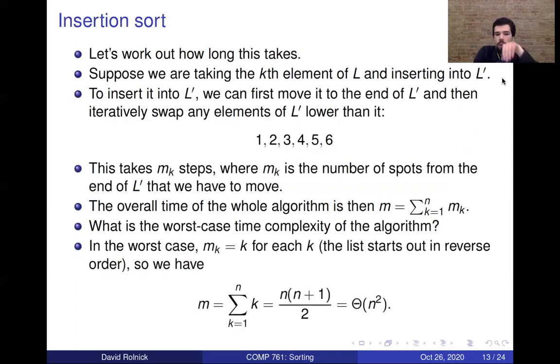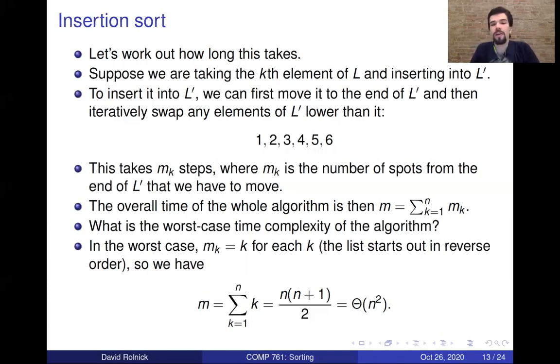And in the worst case, we have to move this thing all of the spots that it could possibly move. And that happens exactly when things are in reverse order. So the thing that we're adding is before all of the things we've already added. So L had everything in decreasing order, and we're trying to turn it into increasing order. If we knew that from the start, then it would be really easy.